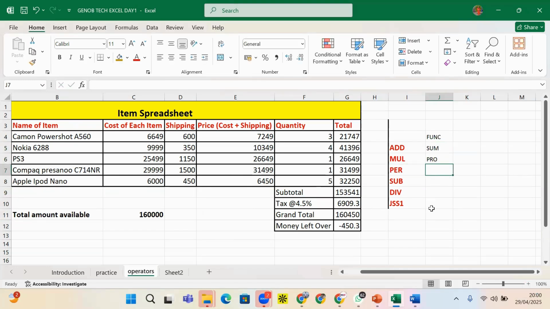So we have an operator called concatenation, and we also have a function called concatenate. But the concatenation operator is this ampersand sign.